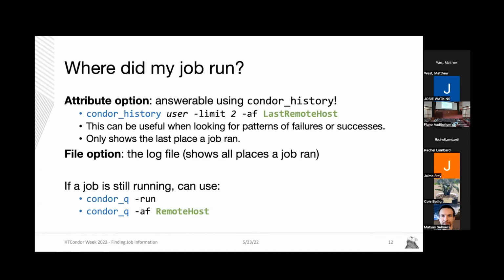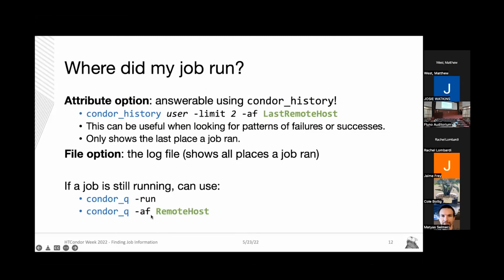If a job is still running, we saw before condor_q -run will show where it's currently executing. And you can also generate that information yourself using RemoteHost instead of LastRemoteHost with the autoformat flag.